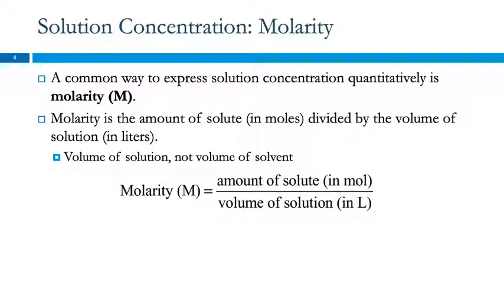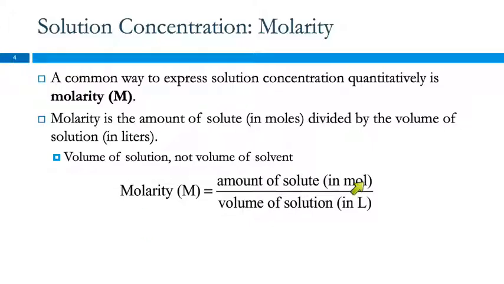Of course, we need quantitative descriptions of concentration. And so a common way that chemists use to indicate solution concentration is molarity. Molarity is a very, very important concept in chemistry. So molarity, it's abbreviated capital M. It's the amount of solute measured in moles, always in moles, divided by the volume of solution in liters.